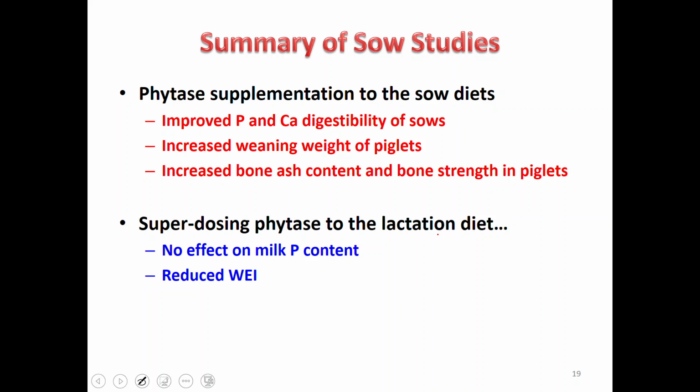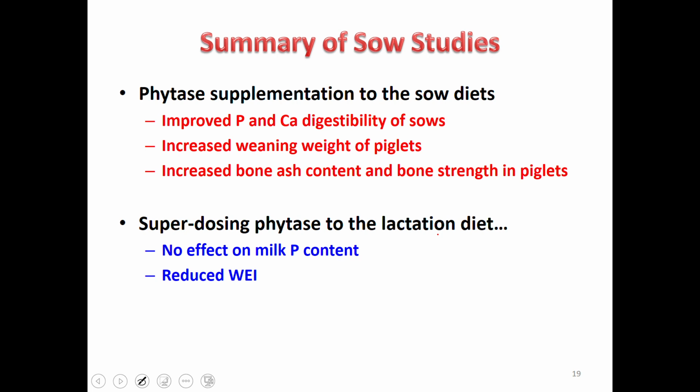So, summary of these sow studies. Firstly, phytase supplementation to gestation and lactation diet improved phosphorus and calcium digestibility, and we found lactation has a more pronounced effect of this phytase supplementation. And it could increase weaning weight of piglets and increased bone ash content and bone strength of their progeny.